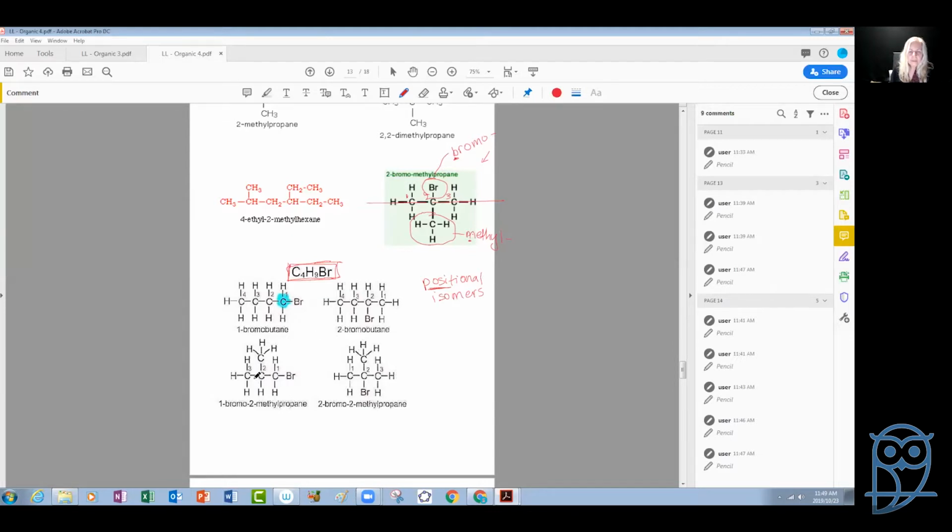Now, if we go to the compounds at the bottom, these 2 compounds have the same molecular formula as the previous compounds. Again, we have 1 bromine. But what is the difference here?